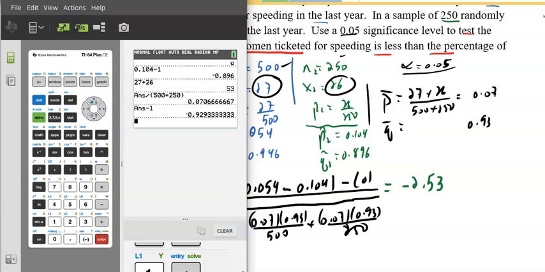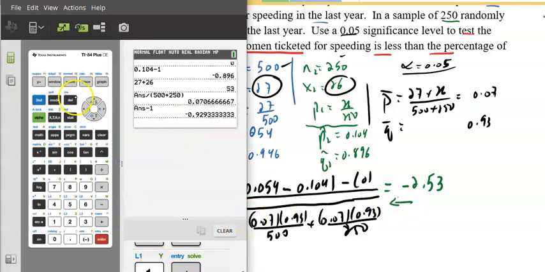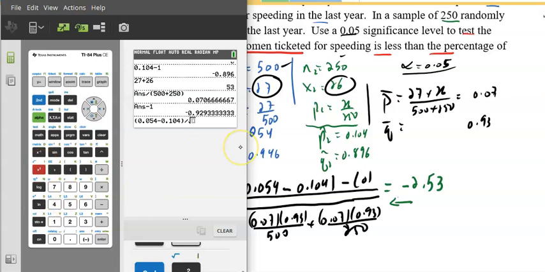Now if I want to put this in my calculator, I'll use parentheses: 0.054 minus 0.104, that's the top, divided by the square root, and I'm going to input it as I see it.